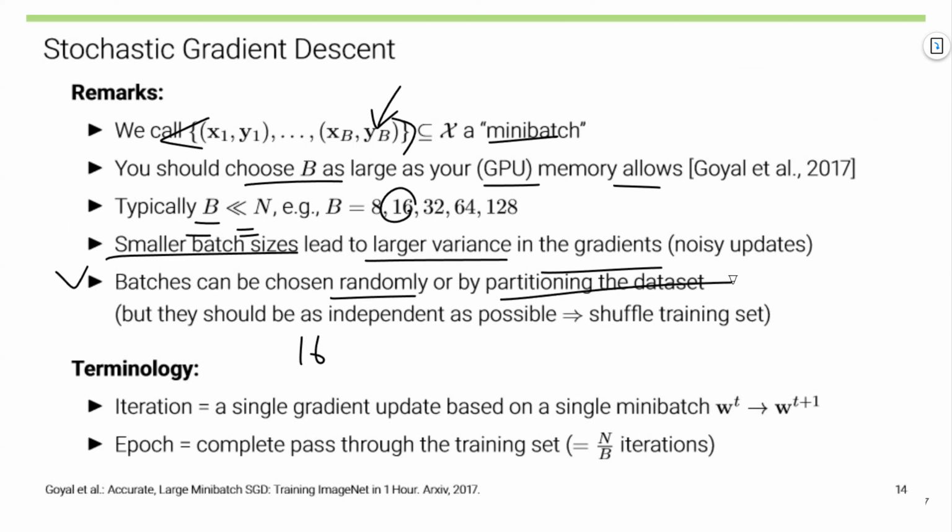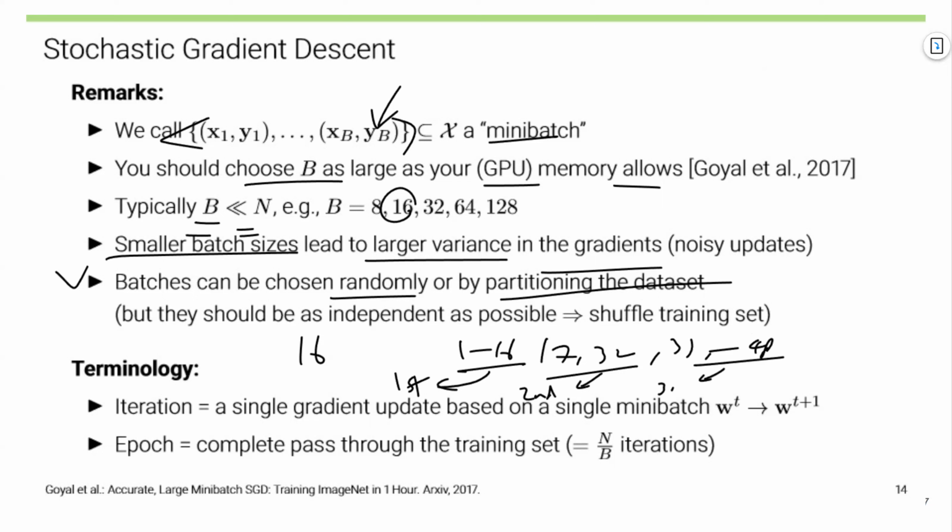Or you can partition the data set, meaning that the first to the 16th data points go to the first iteration, and 17 to 32 goes to the second iteration, and 33 to 48 goes to the third iteration.